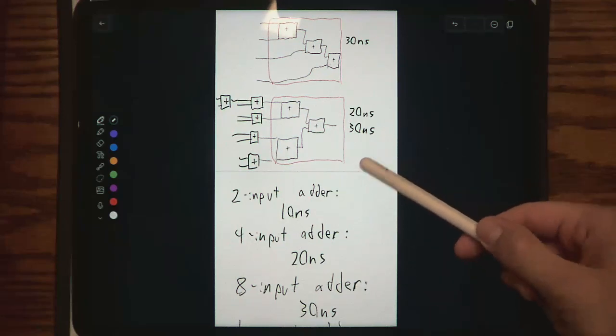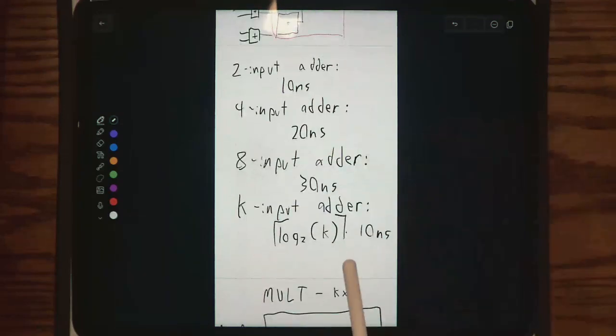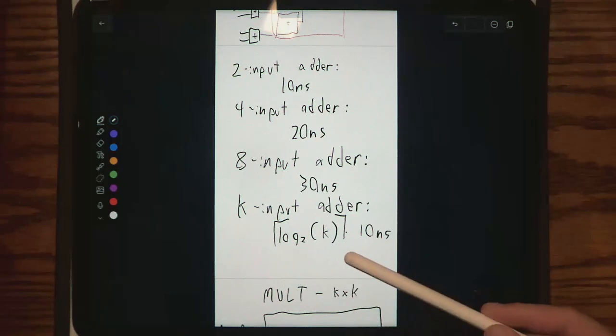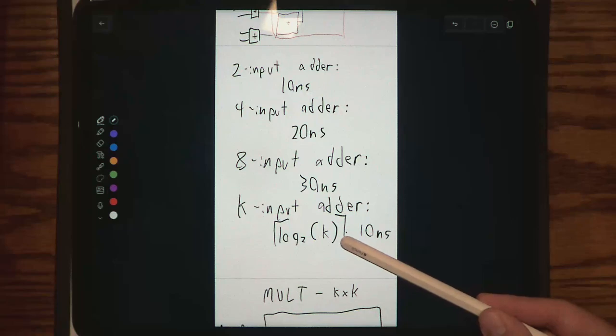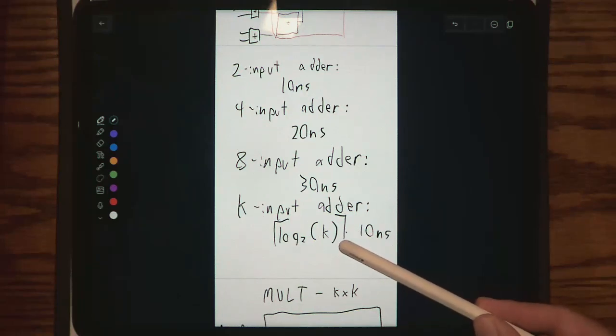If we had a 1,000 input multi-operand adder, how long would that take if we assume that each adder was 10 nanoseconds? What would that be? What is log base 2 of 1,000?